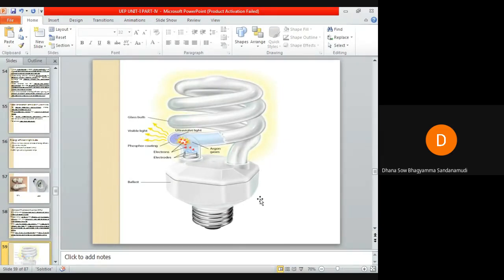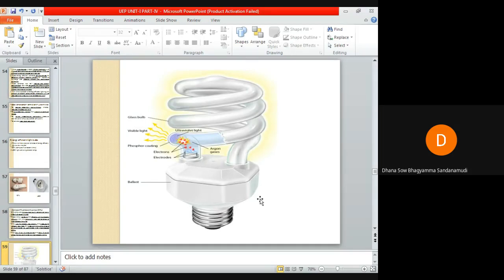The lifetime of these lamps will be around 10 to 15 times more, and the cost of these lamps will be 10 to 20 times more than the incandescent lamps. Okay. So compact fluorescent lamps are far better than incandescent lamps.